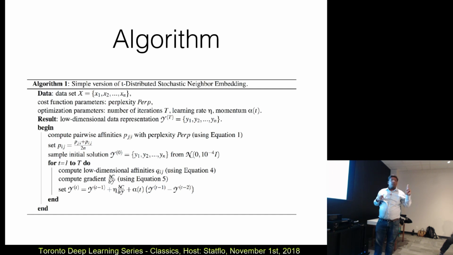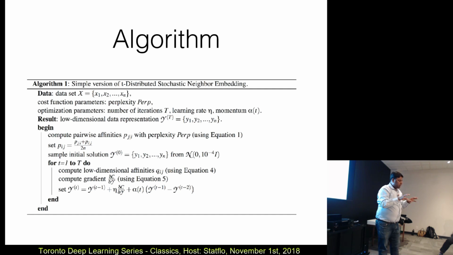You have number of iterations, how many times you will run through the loop. Learning rate, momentum, everything we saw. Then the result is the low dimensional map, yi. Then you compute Pijs, compute again the gradient of the cost function, get new values of the y, and then go back again. And you keep doing it.